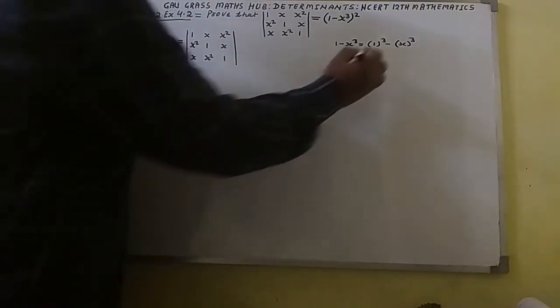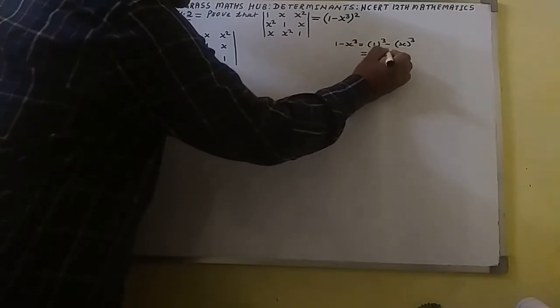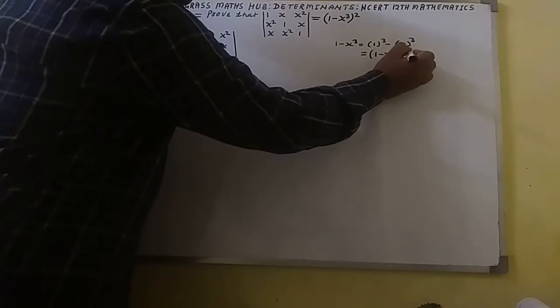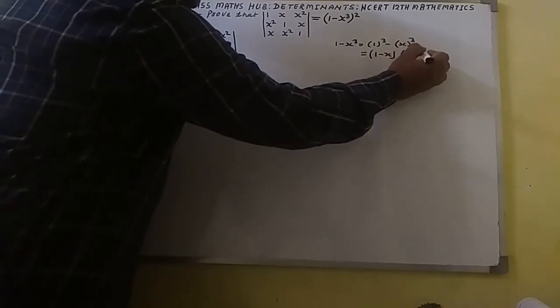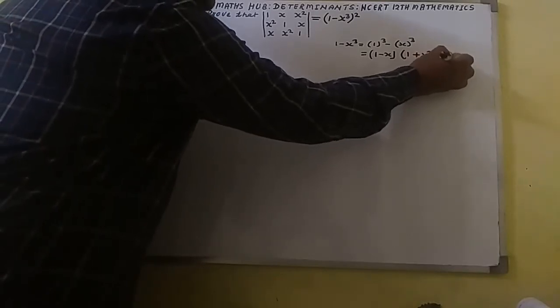Based on the formula, you can factorize the term 1 minus x cube as, in one bracket you will write 1 minus x, in another bracket you can write 1 plus x square plus x.